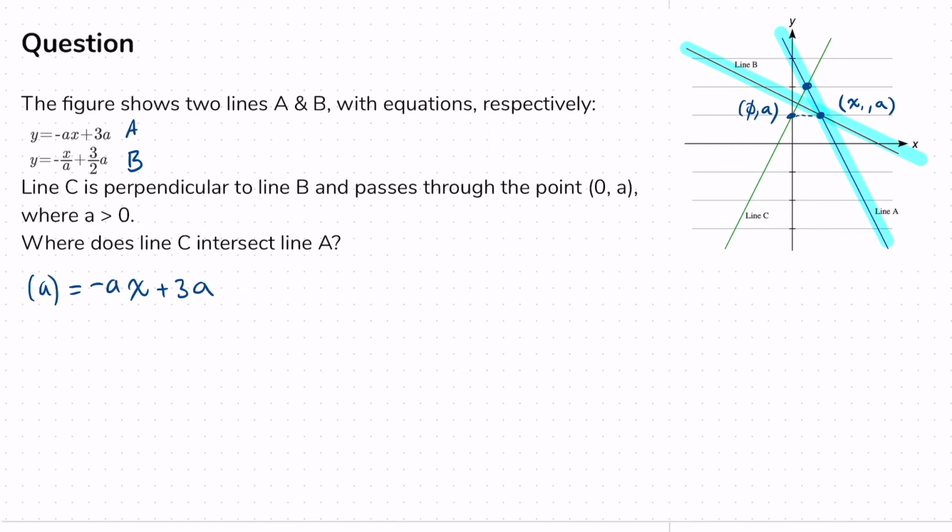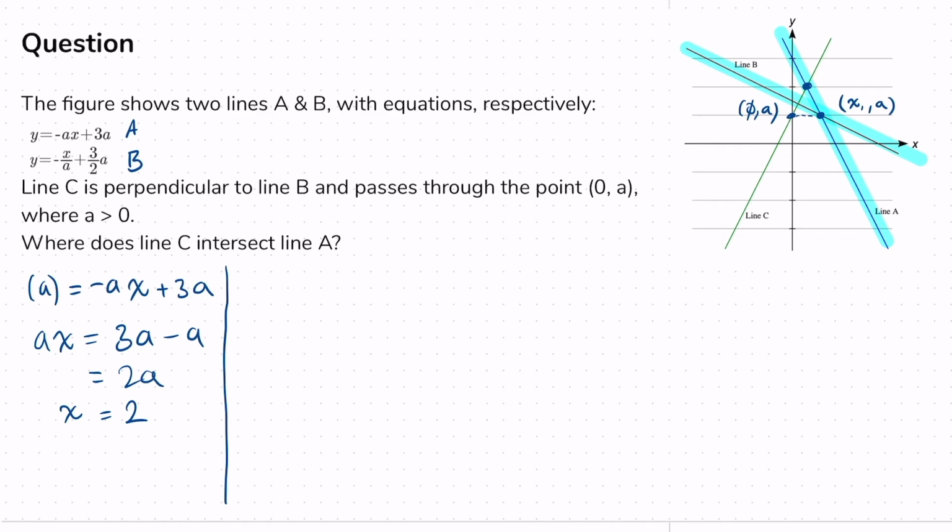Right, I've got minus A times x, so let's put this ax equal to 3a minus a, which is 2a. So then x is equal to, well, divide both sides by a, and I get 2, which is wonderful.